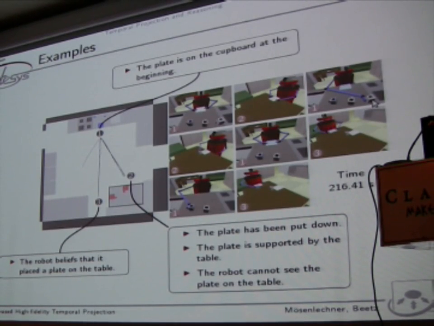For instance, we want to describe that the plate is on the cupboard at the beginning, that the plate has been put down by the robot, that after the put down action the plate is supported by the table, which means that the plate is on the table, or that, for instance, the robot cannot see the plate on the table because its vision might be blocked by the robot's grip or something like this. Or another example, the robot believes that it placed the plate correctly on the table. So these are basically conditions we want to describe in our logic.